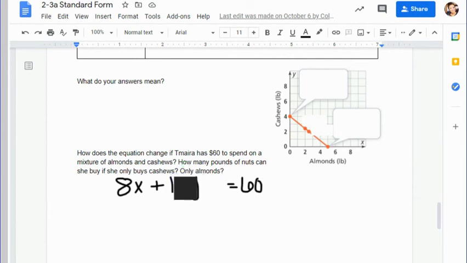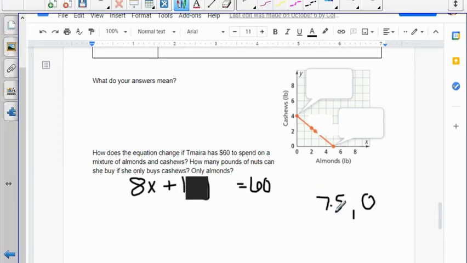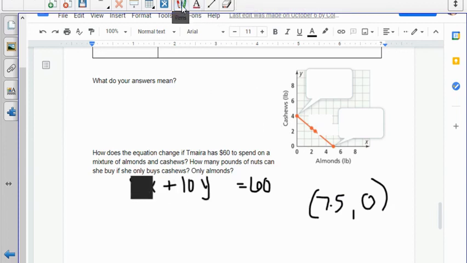So if I cover up my Y, I get X equals 60 divided by 8. What's that? So when Y is 0, X is 7.5. And then if I covered up the other one, if I made X 0, Y would be 6.